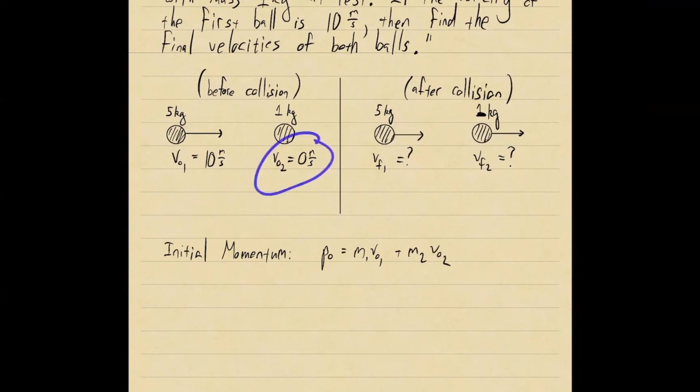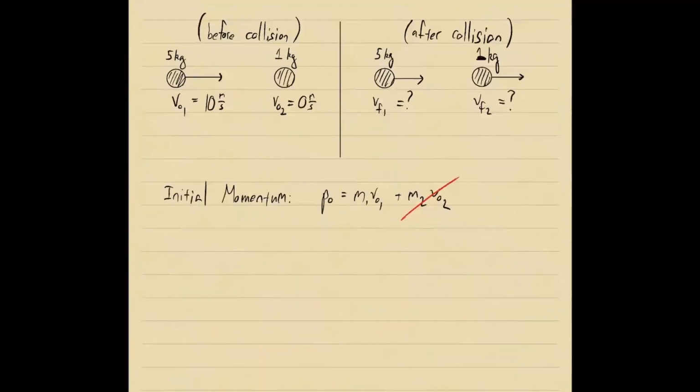But the initial velocity of the second ball was 0, so this second term is 0. All of the momentum in our system initially was because of this first ball. So it's just m1 v1.